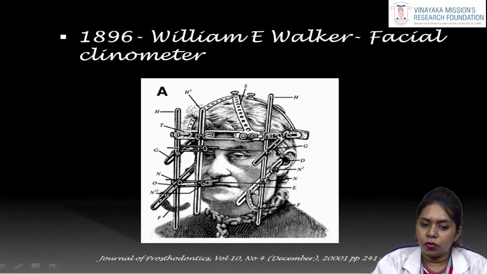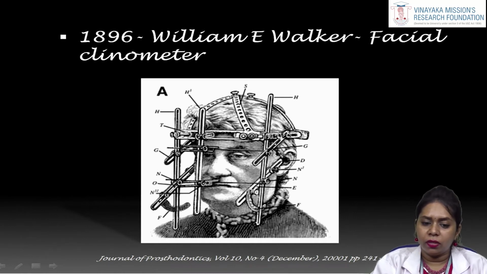He called this instrument his physiological articulator. Walker was not concerned with reproducing the exact anatomy or the curvature of the condylar pathway, but only the angles of the pathway that were formed with the facial line and the alveolar pathways itself.